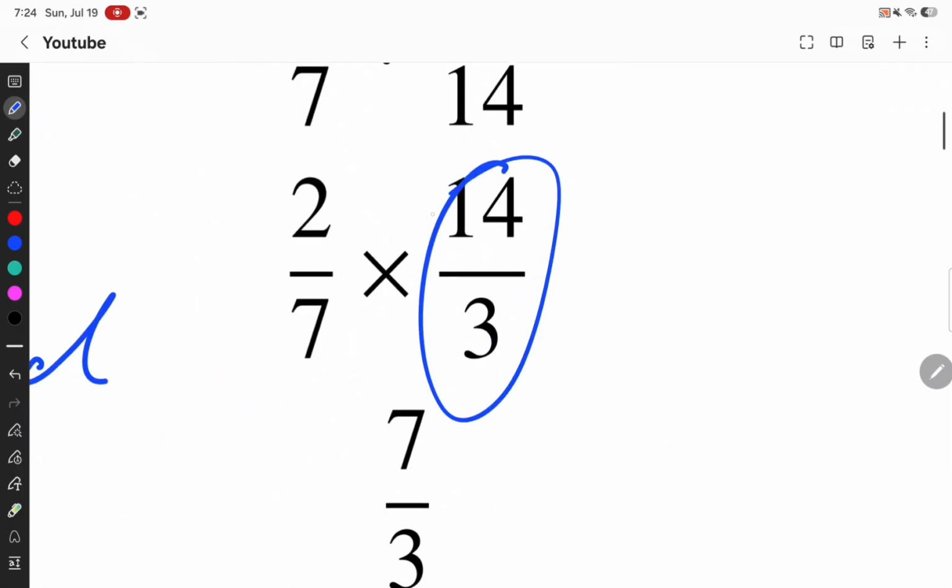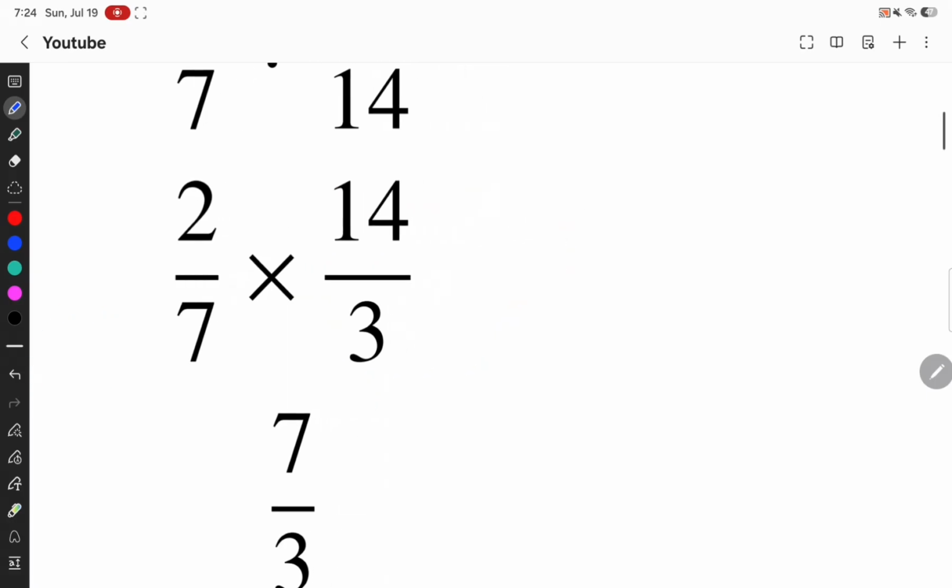And this is not a proper fraction, because a fraction is a part of a number, and normally the numerator would be less than the total, to represent that, hey, this is a part, this is 2 parts of 7.